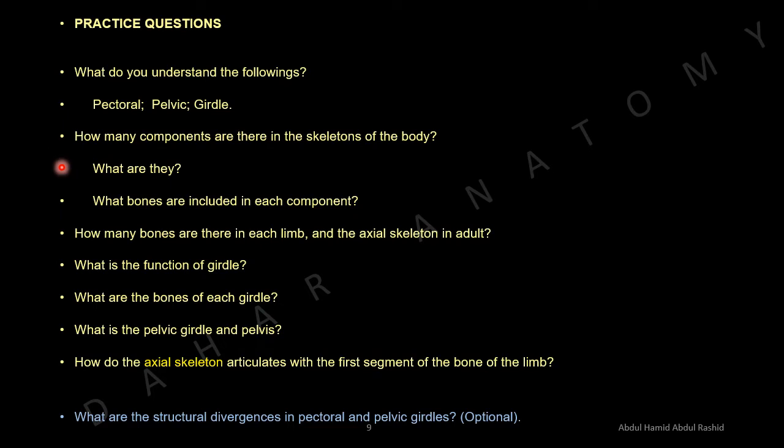What are they? What bones are included in each component? How many bones are there in each limb and the axial skeleton in adult?